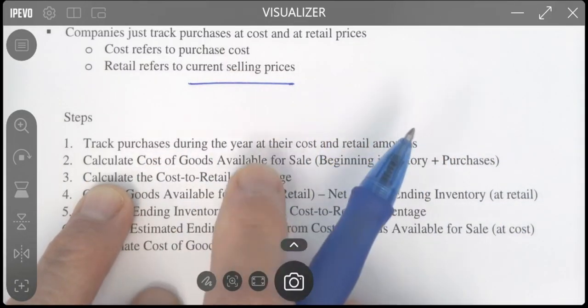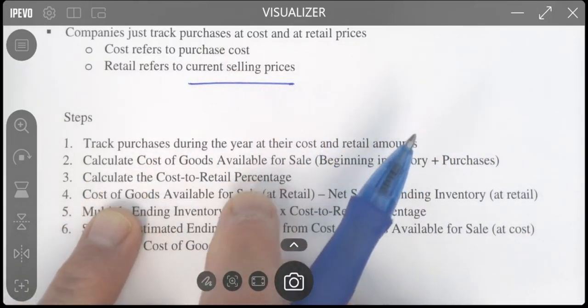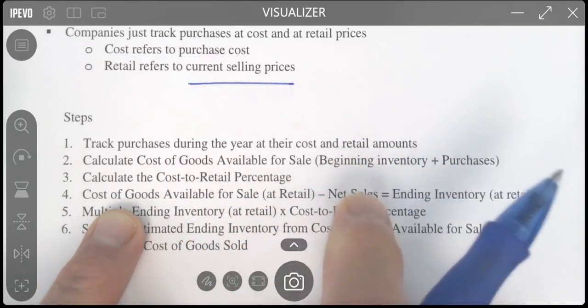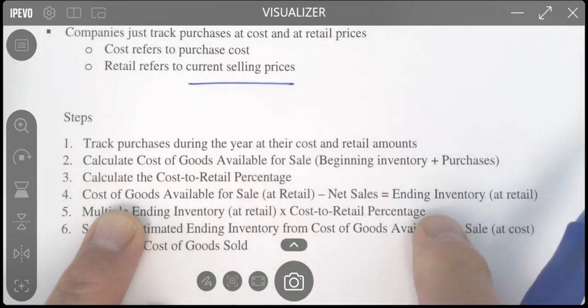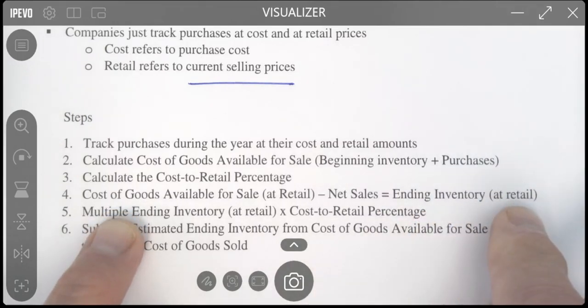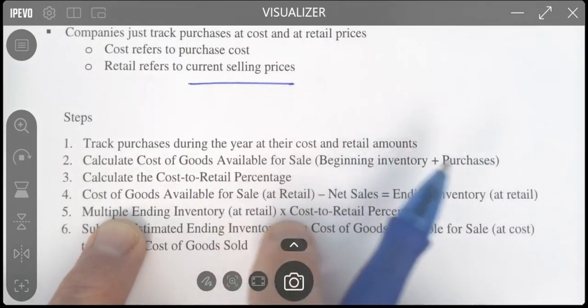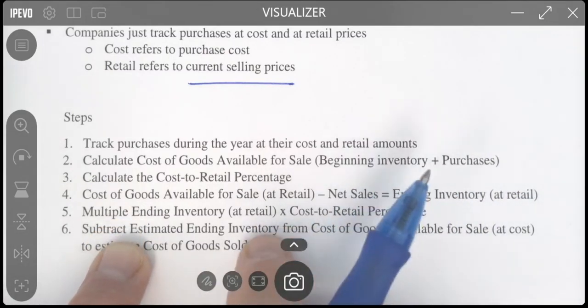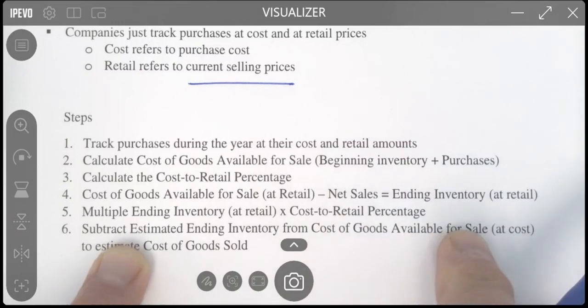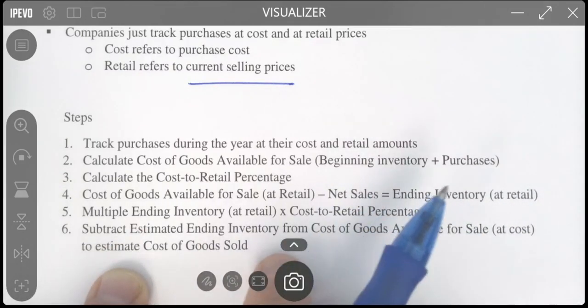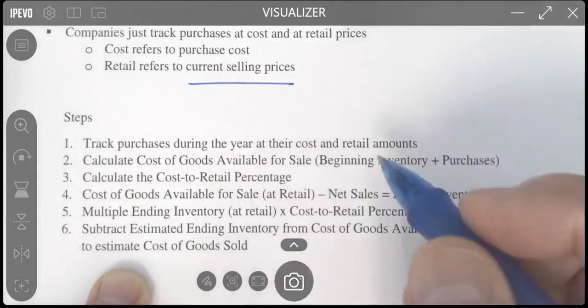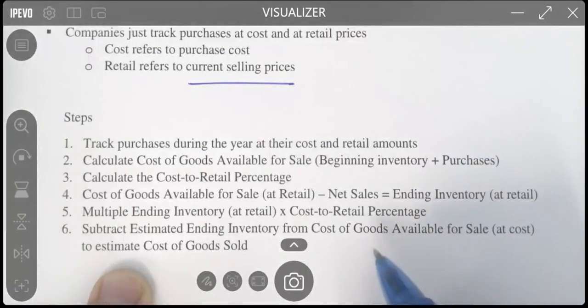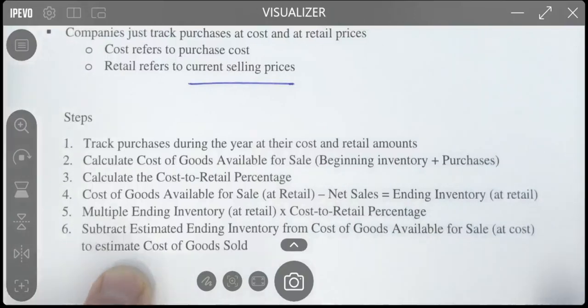Calculate the cost to retail percentage, and then cost of goods available for sale at retail minus net sales is ending inventory at retail. We then multiply ending inventory at retail times that cost to retail percentage and subtract estimated inventory from cost of goods available for sale to estimate the cost of goods sold amount. Again, in the next videos, we will do illustrations of both the gross profit method and the retail inventory method.